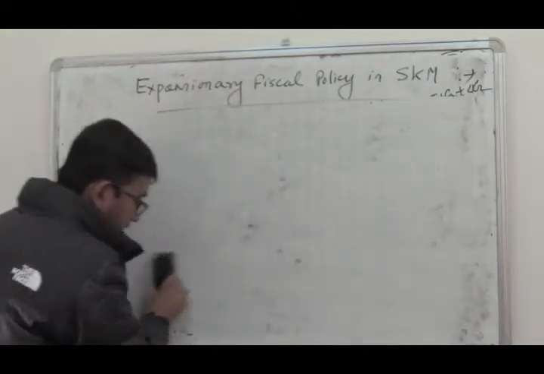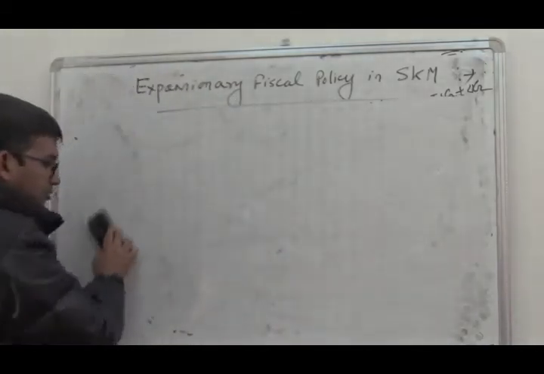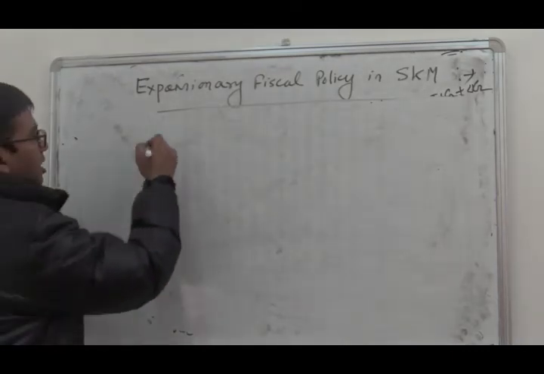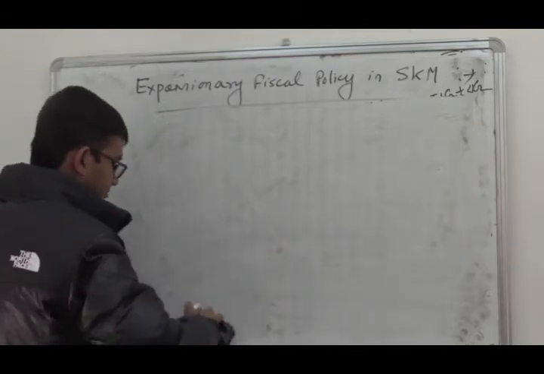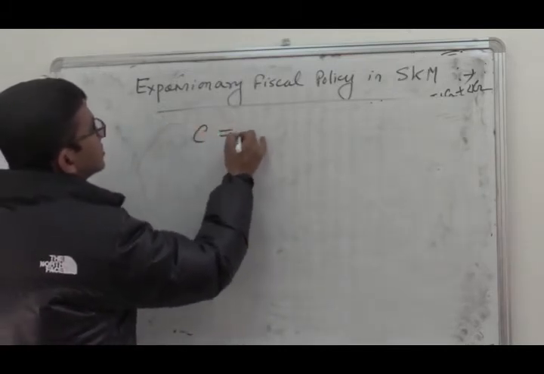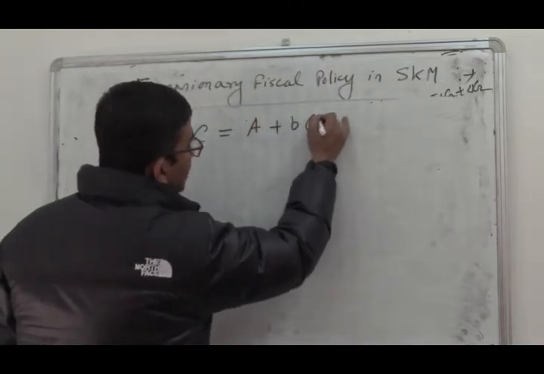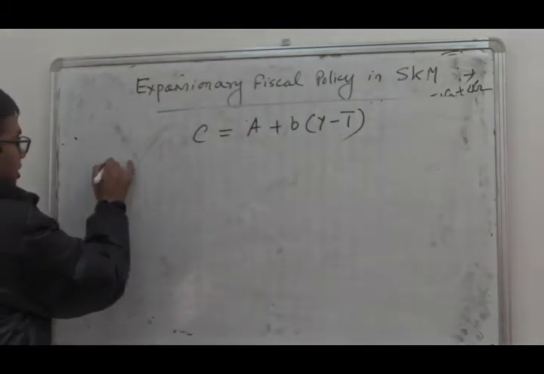Before discussing the tax multiplier, we have to make a minor change in our consumption function. So now the consumption function is given as C equals A plus b(Y minus T). Now we are making a change in our consumption function. T is what?